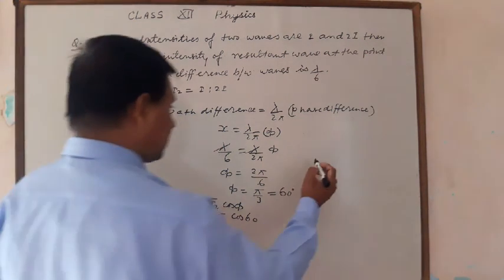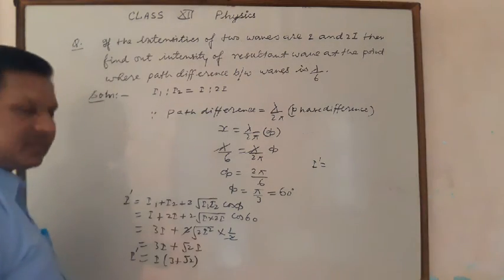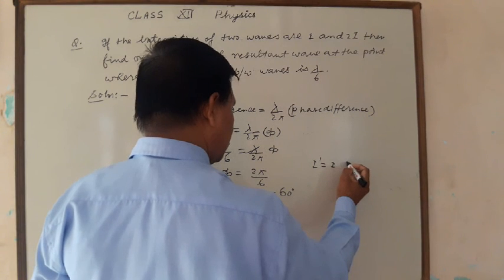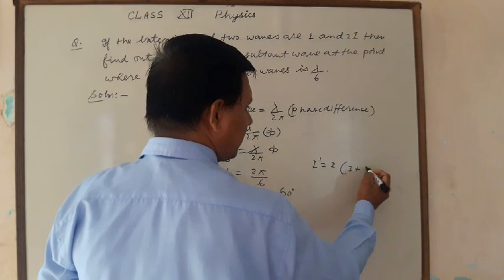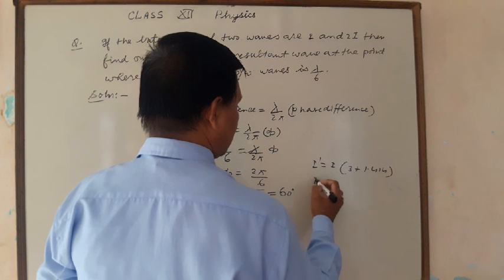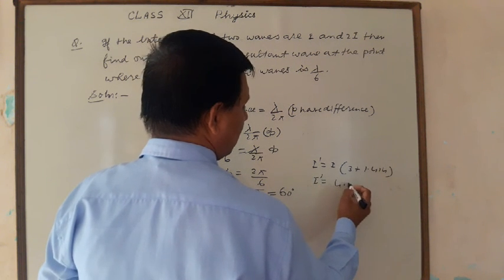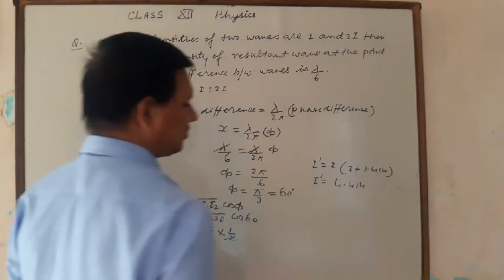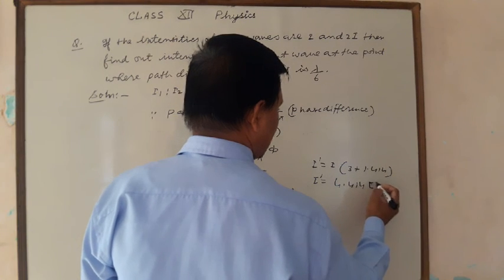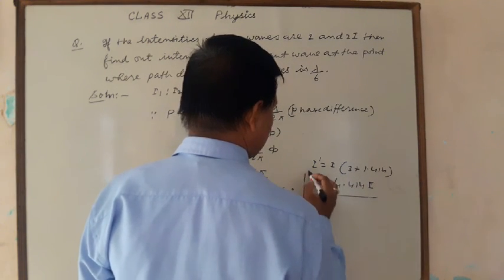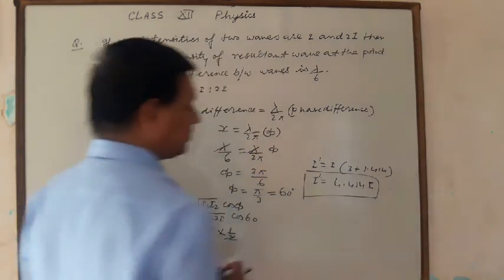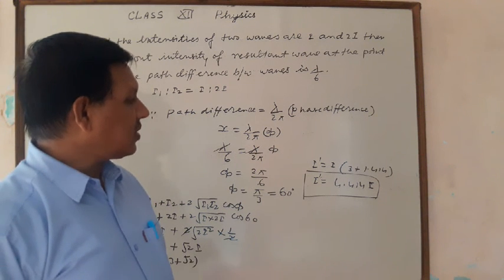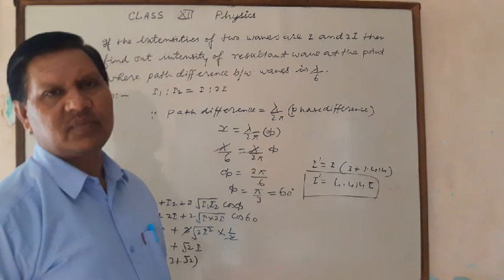So we can find out that the intensity of the resultant wave is equal to I into 3 plus 1.414, or I dash is equal to 4.414 I. That is, the intensity of the resultant wave becomes 4.414 times the intensity of the first wave.